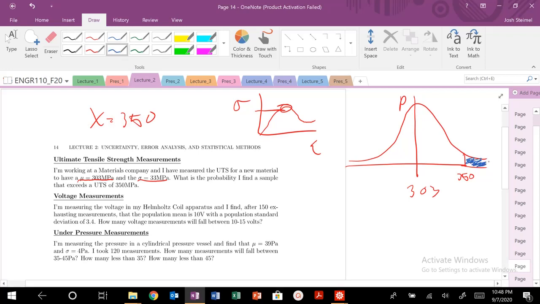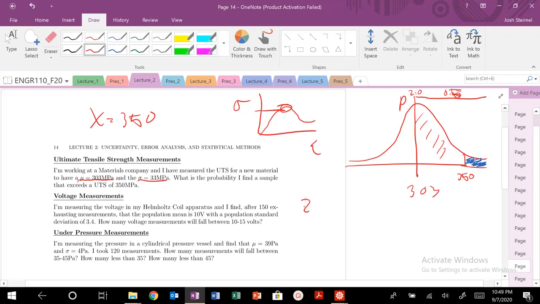So we're looking at this area here. In order to solve this problem, we know that the total area from z equal to 0 to infinity needs to be 0.5. So I want to figure out what this area is, because once I know this area, I could do 0.5 minus this area, and that's going to give me that area right there.